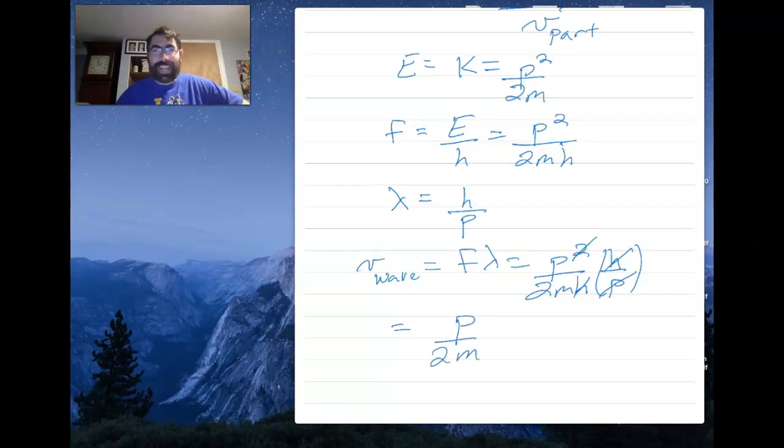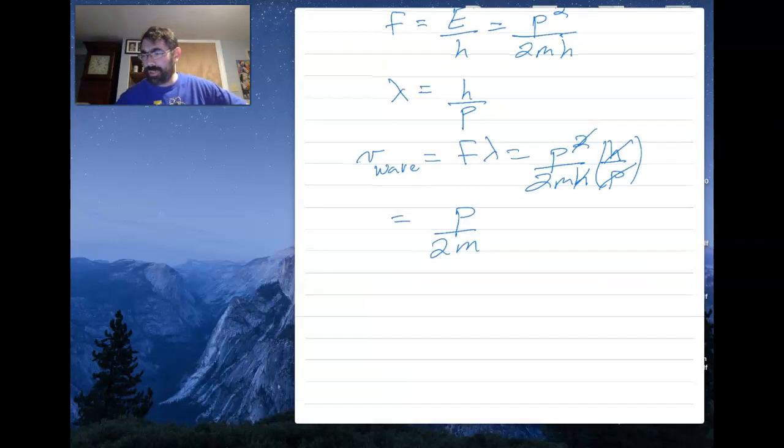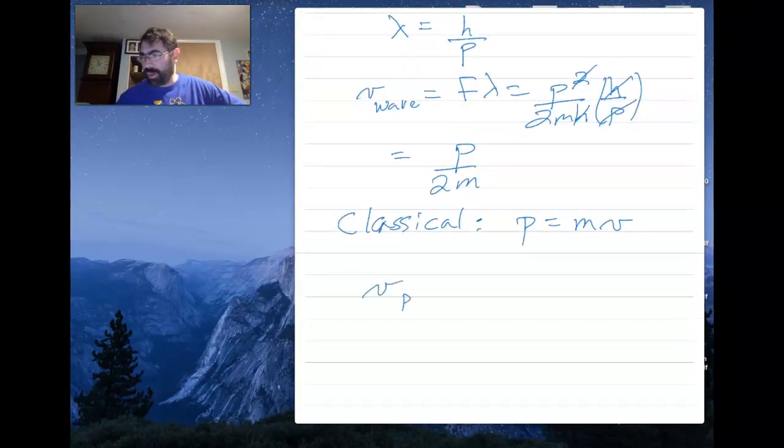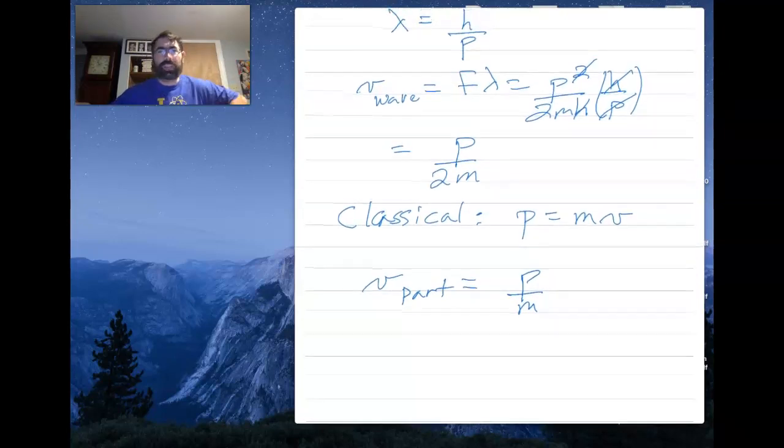If I think about it classically, in non-relativistic classical mechanics, the momentum is the mass times the velocity. Therefore, the velocity of a particle is the momentum divided by the mass. So now we're in a conundrum, because our wave analysis tells us that its speed is 1/2 the speed of a particle.